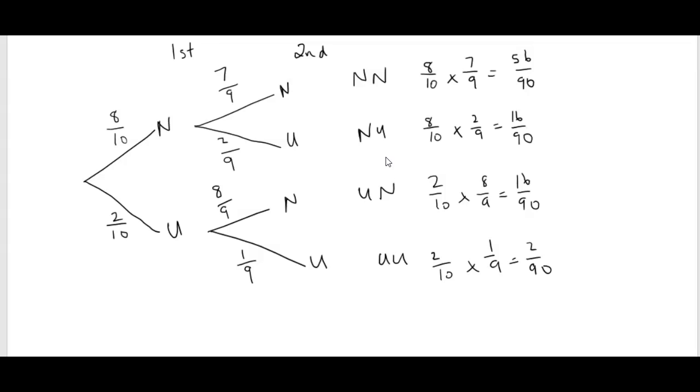So effectively, I should end up with 90/90 if I add all these together. Just 56, 72, 88, 90.